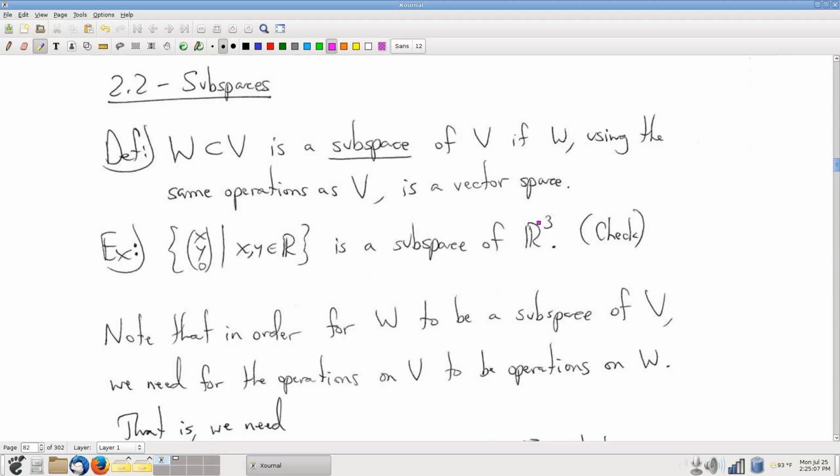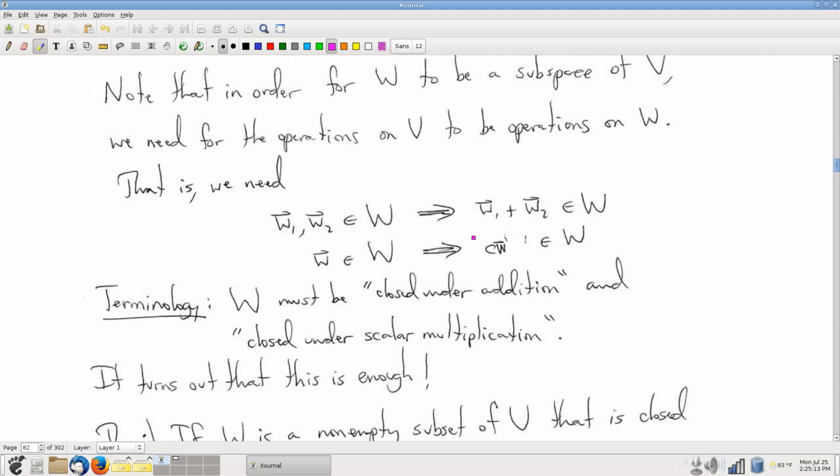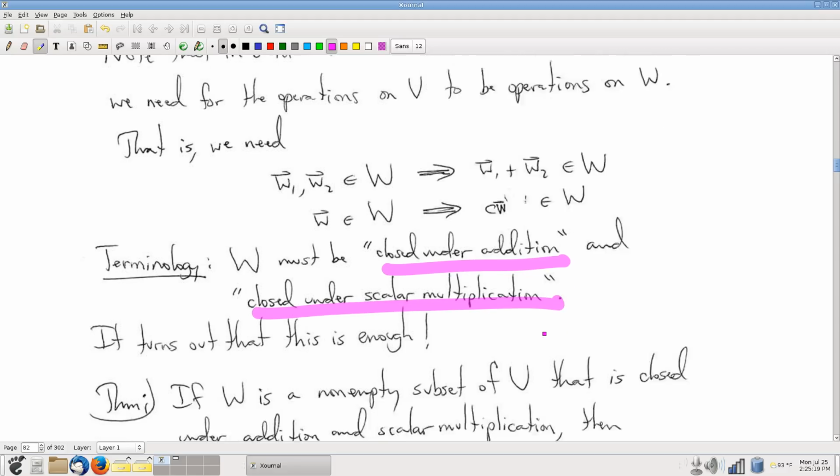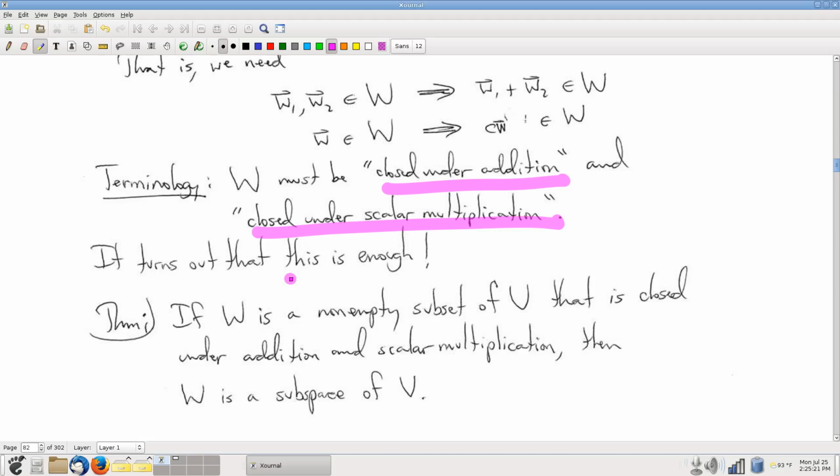The amazing thing is that if you have a subset of V, and if it is closed under addition, and if it is closed under scalar multiplication using the operations of V, that's enough. Amazingly.